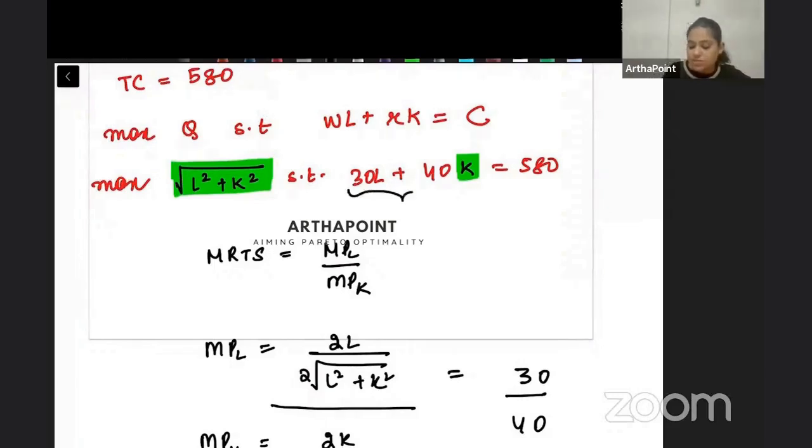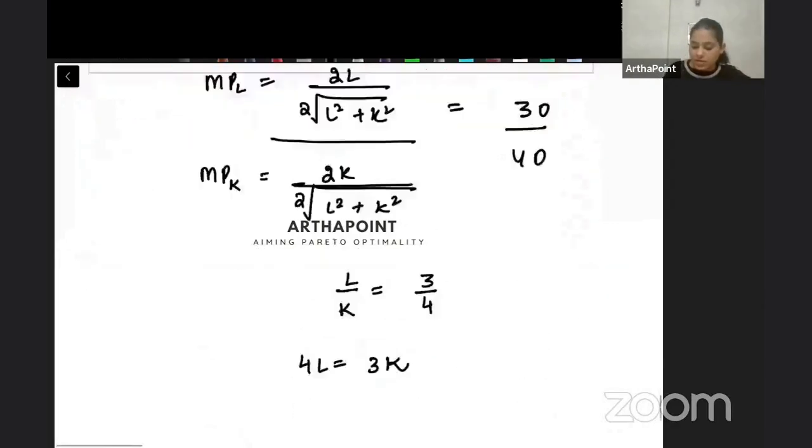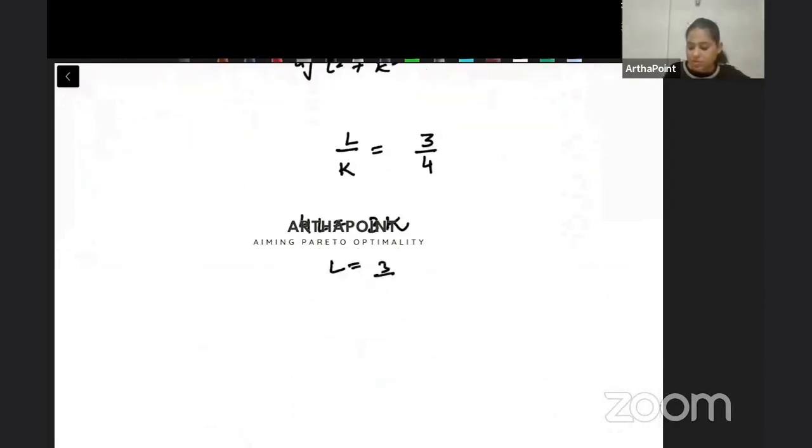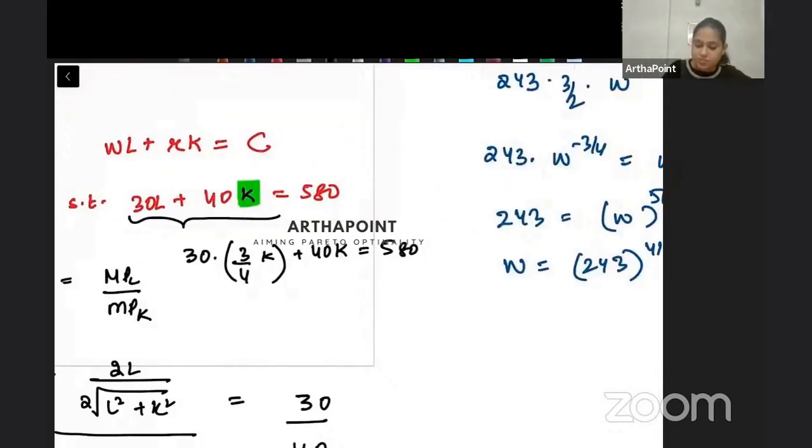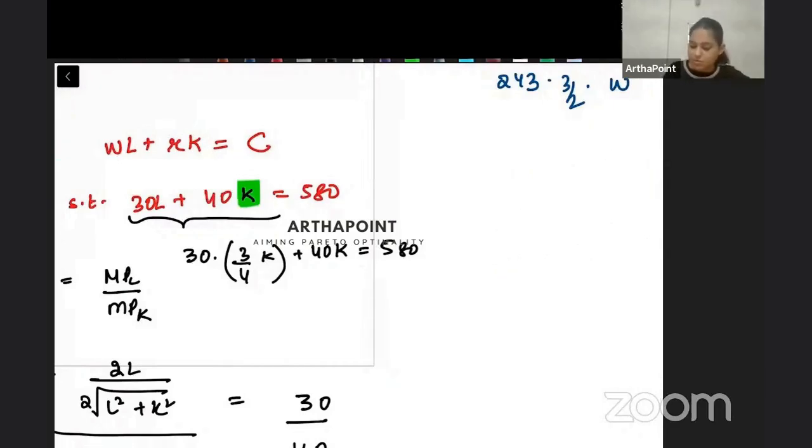Now I have been able to find that 4L is equal to 3K. I can put it here. So 30, instead of L, I will write 3 by 4K. So 30, 3 by 4K plus 40K equal to 580. So I'm going to get this equal to 90K plus 160K equal to 580 into 4.